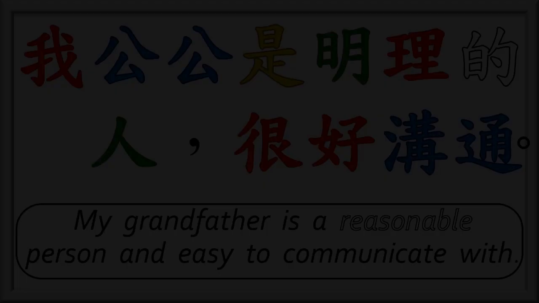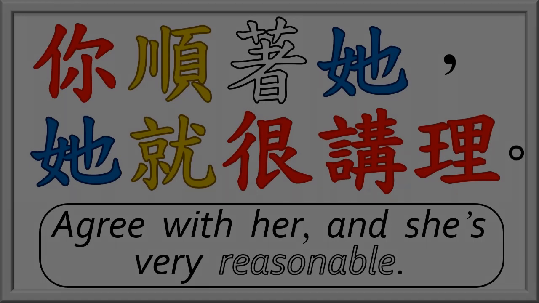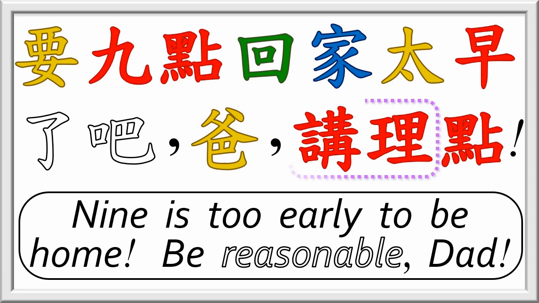For a verb, Mandarin uses 讲理, literally to emphasize reason. 我公公是明理的人，很好沟通。My grandfather is a reasonable person and easy to communicate with. 你顺着他，他就很讲理。Agree with her and she's a very reasonable person. 要9点回家太早了吧？爸，讲理一点。9 o'clock is too early to be back home. Be reasonable, Dad.